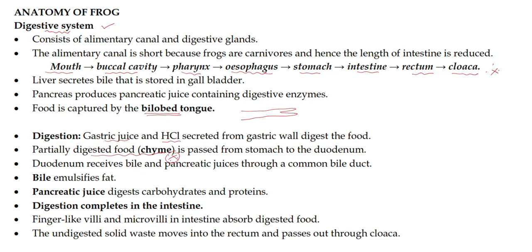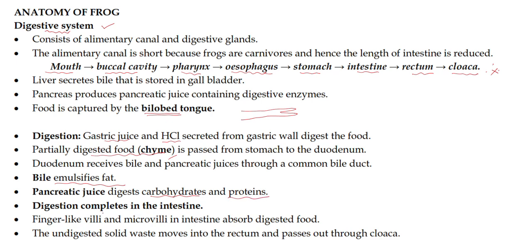Then the duodenum receives bile from the liver and pancreatic juice from the pancreas through a common bile duct. As I already mentioned, bile will emulsify the fat. Then pancreatic juice will digest carbohydrate, protein, even lipid.